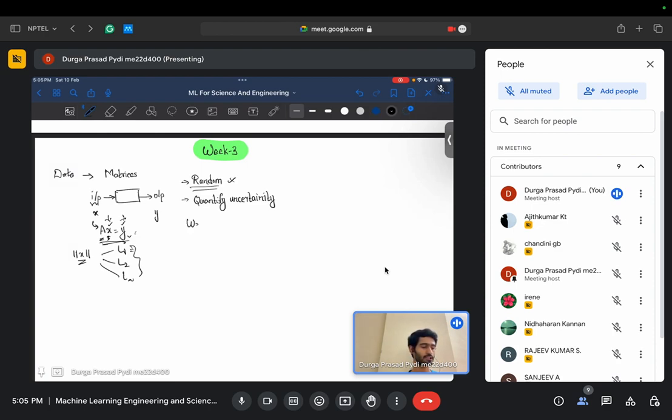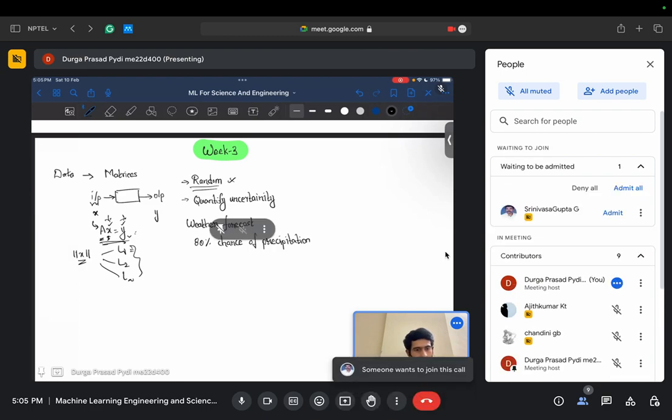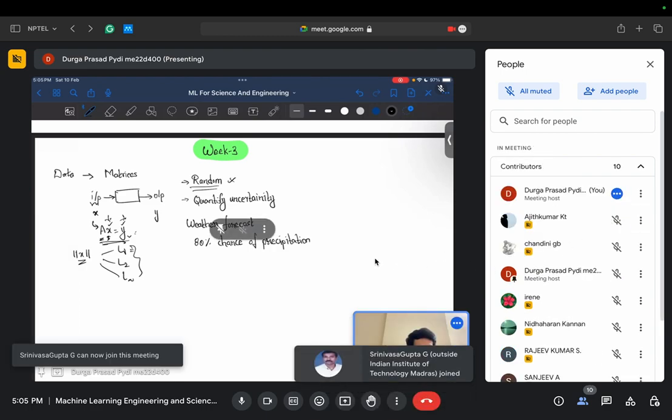If you see on your mobile app, it just gives you, say, 80% chance of precipitation. So what does that mean? What does this number mean? 80% chance of precipitation.